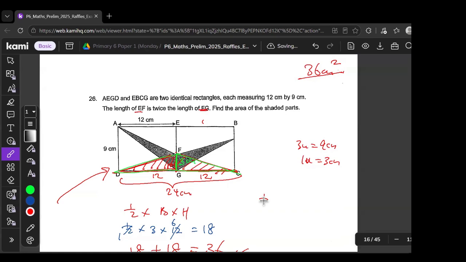Then you take half times 24 times 3. Half times base, which is a longer base, times the height, and you will get, divide by 2, 12 times 3, 36. Much faster with the method. And what's the method? Draw a right angle triangle, and then you can do it very fast.